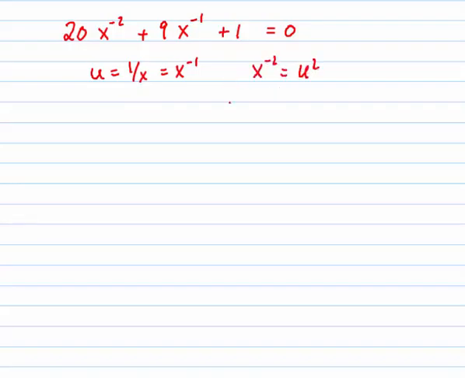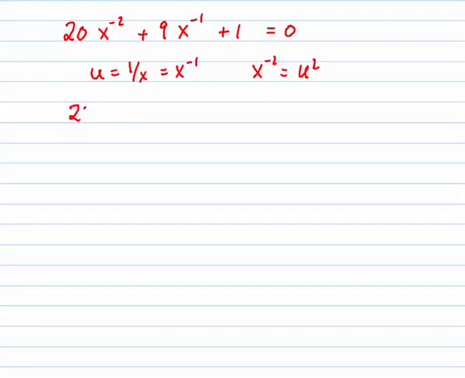20 times x to the minus 2 plus 9 times x to the minus 1 plus 1 is equal to 0. Now we're getting used to this. We can let u be equal to 1 over x, which is also equal to x to the minus 1. So x to the minus 2 is just u squared.